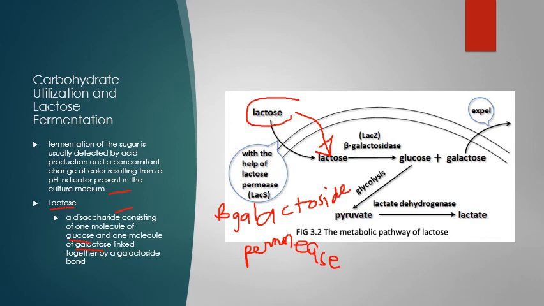So, next, the lactose, kapag nasa loob na, would require an enzyme which is the beta-galactosidase. So, this would break the bond between the glucose and the galactose. So, it will break the galactoside bond.